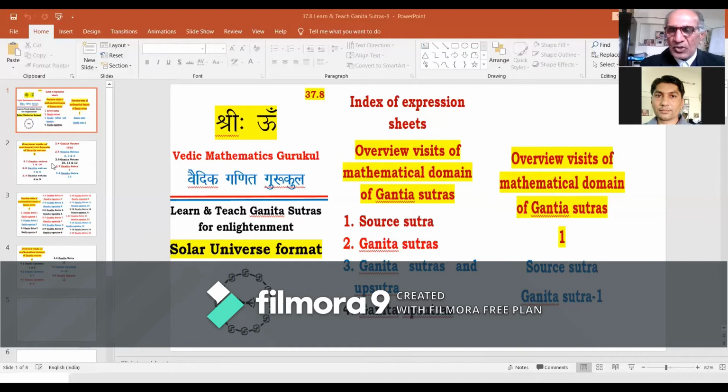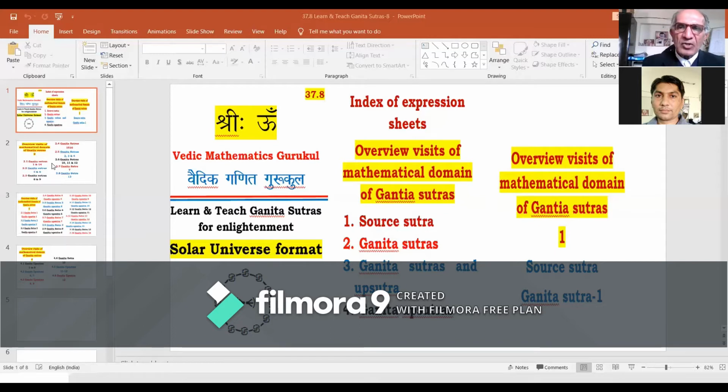a source sutra. The 16 letters of Ganita Sutra 1 will prove to be the structural keys of the mathematical domains of Ganita Sutra 1 to 16, and further, as the values range 1 to 16 is of 29 factors range.